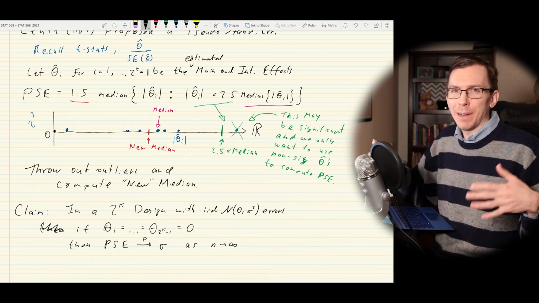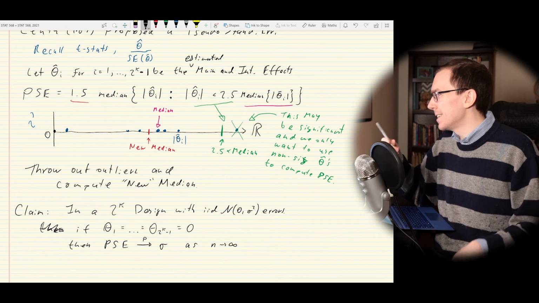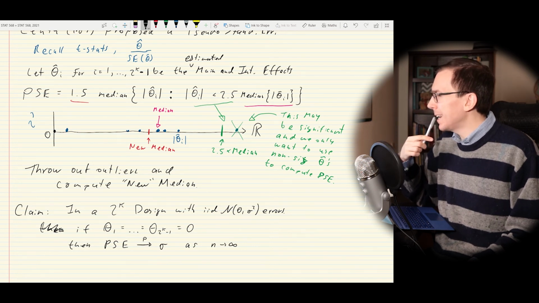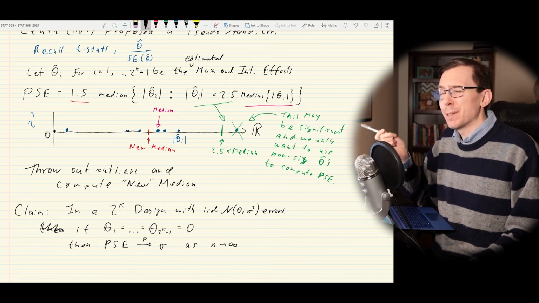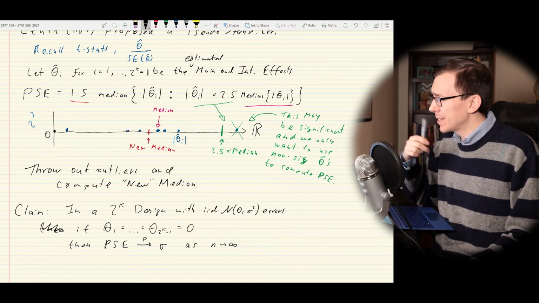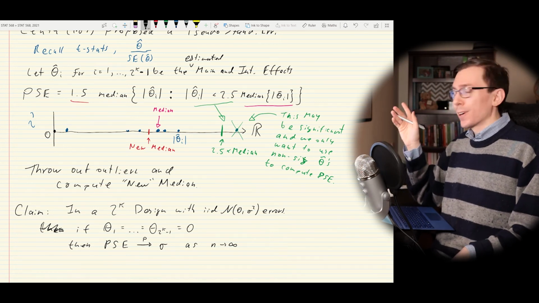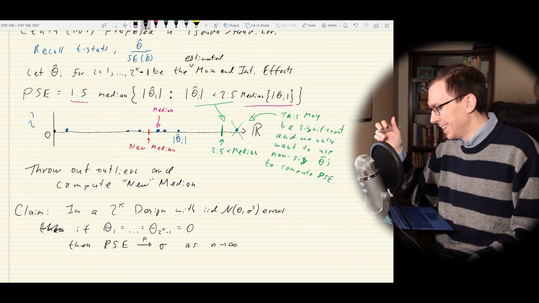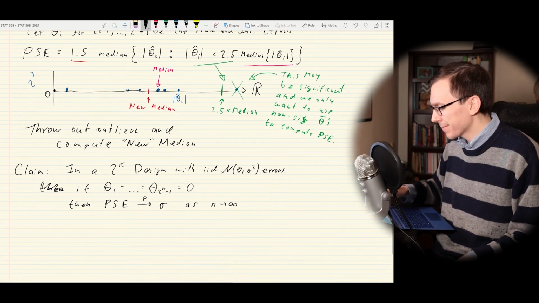This would be like if you kept replicating it and you just had lots and lots of data. I think it should be n goes to infinity. I'm just wondering if it was actually supposed, it shouldn't be k, but maybe it should have been k actually goes to infinity. I'm going to have to double check that. Regardless, as the sample size goes to infinity, whether we're taking whatever that means.